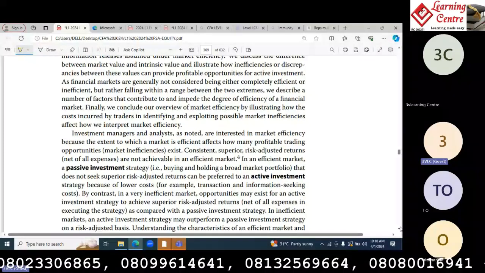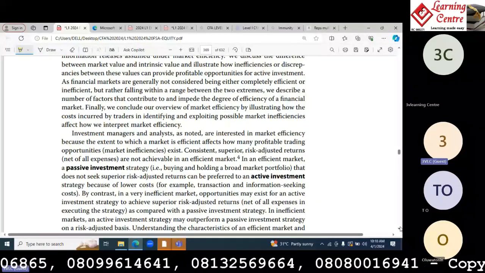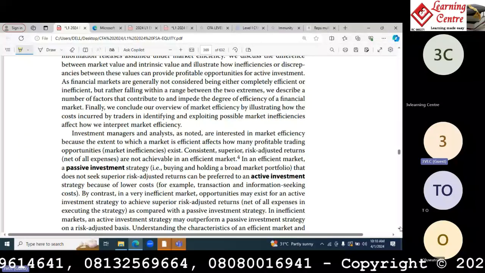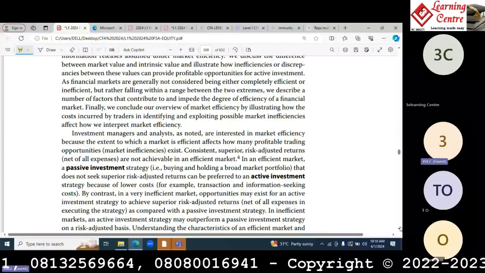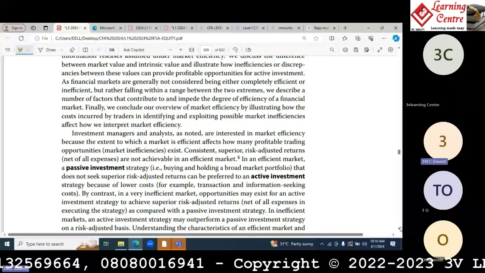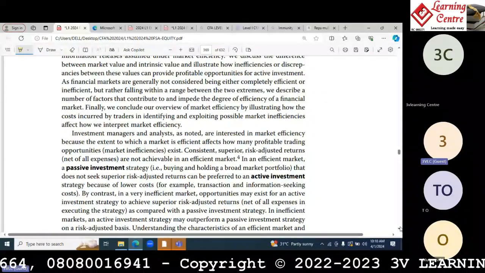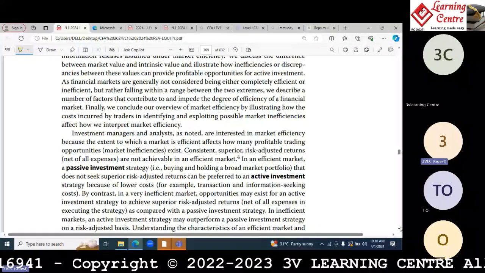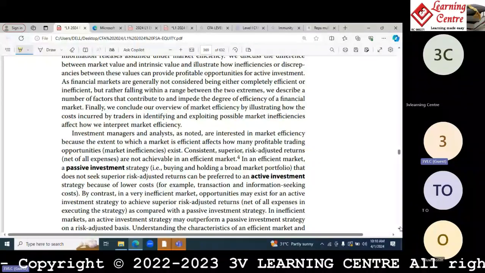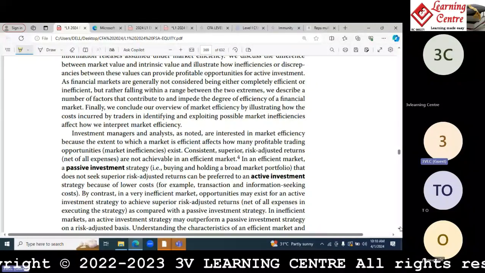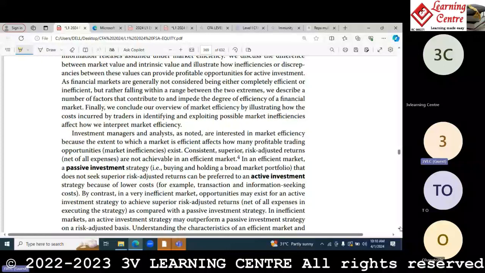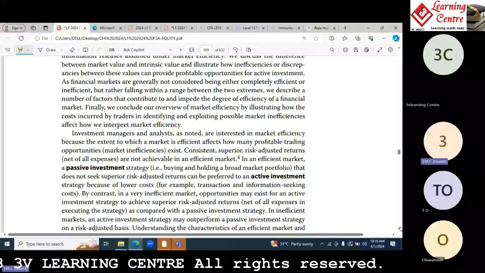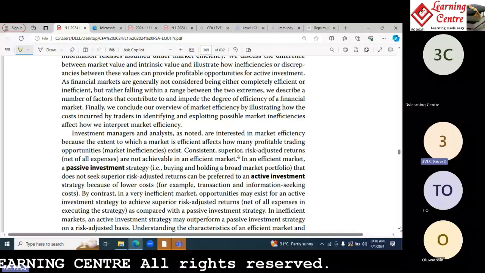Now, another aspect of market efficiency that we also need to consider is the difference between passive investment strategy and active investment strategy. For a passive investment strategy, your inherent assumption is that the market is efficient, that prices reflect information quickly.